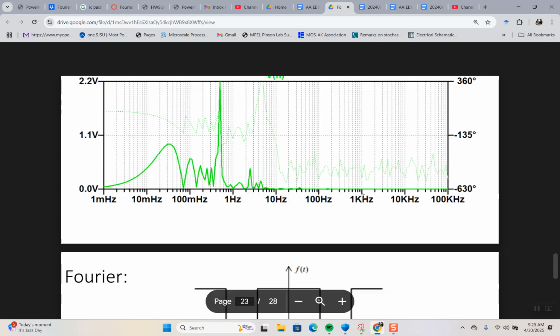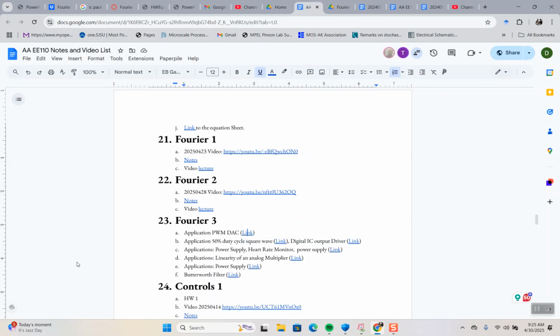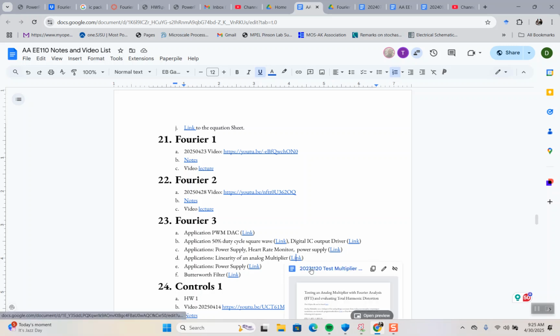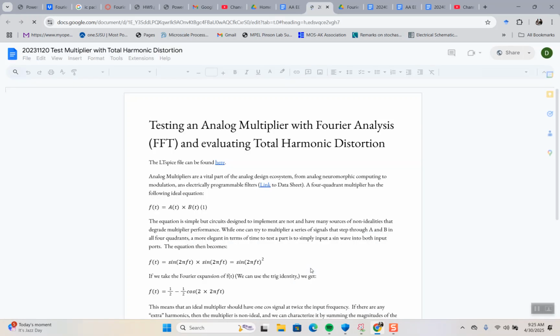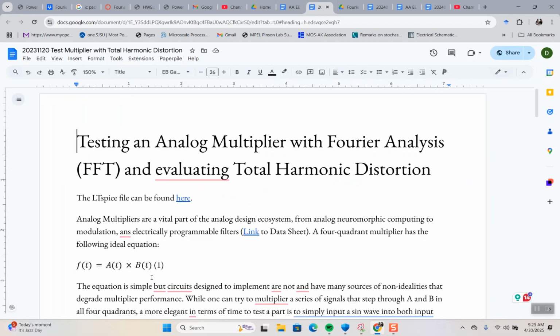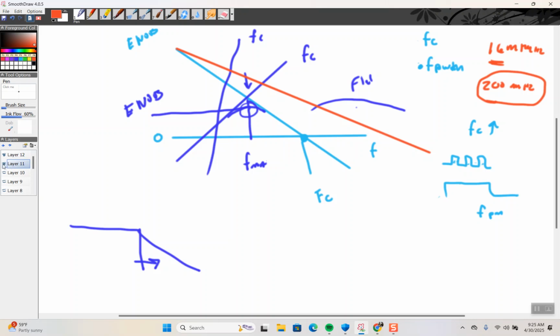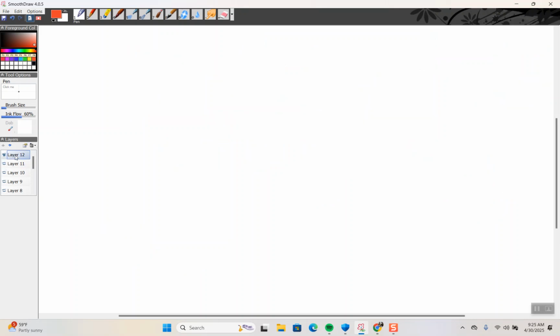And I have a huge derivation in the manual that you can follow. So we can use Fourier to actually test things in a very formal way, right?